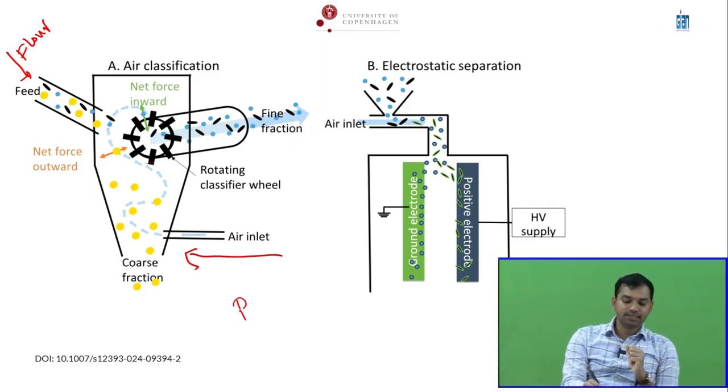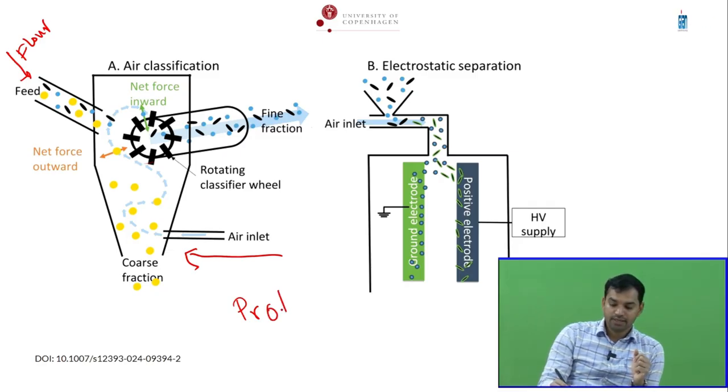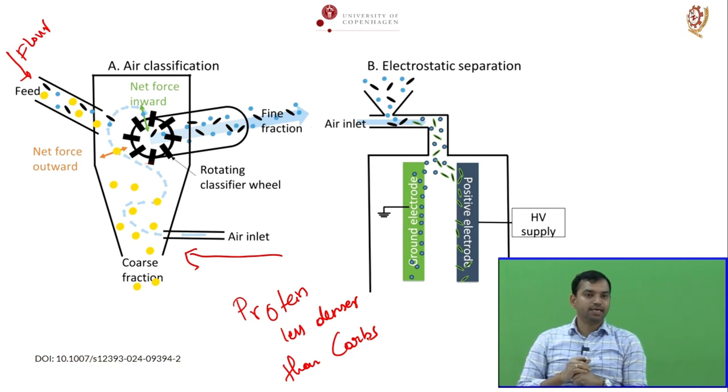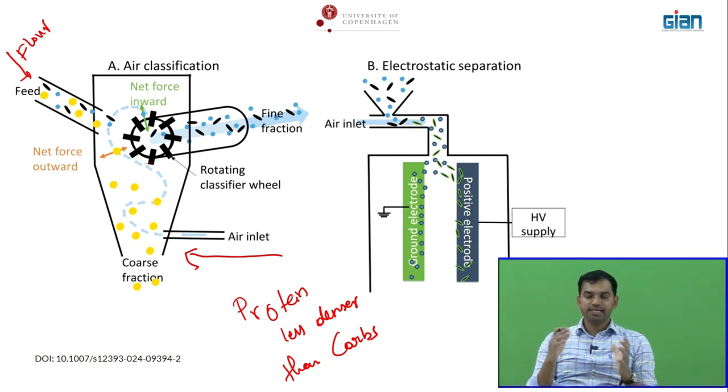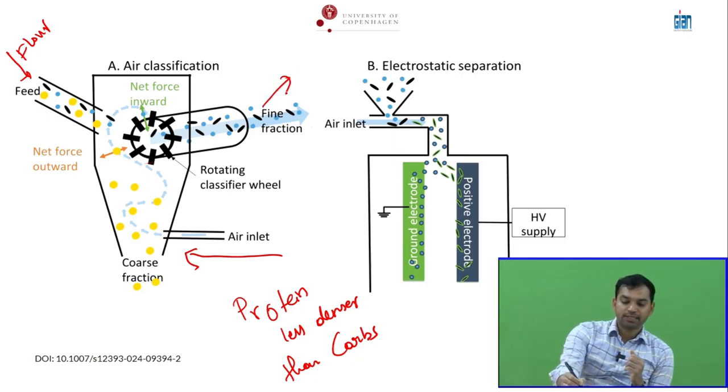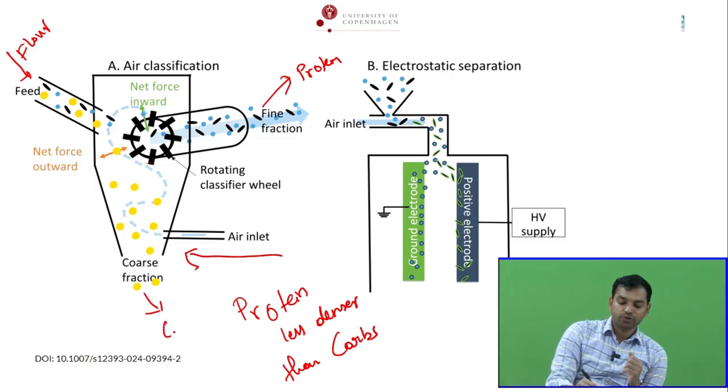Proteins are less dense than fibers and starch. Proteins are less dense than carbs, meaning fibers and starch. Okay? Now basically purely on the density based separation, you get a fine fraction which contains protein, and a coarse fraction which usually contains carbs, which is starch and fibers.